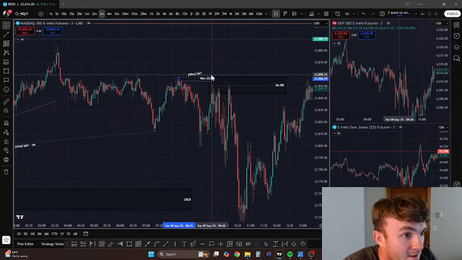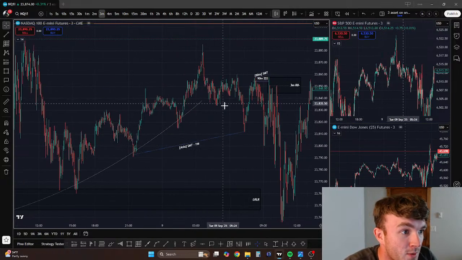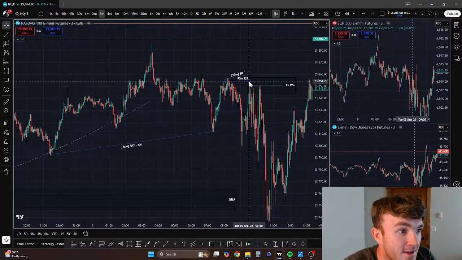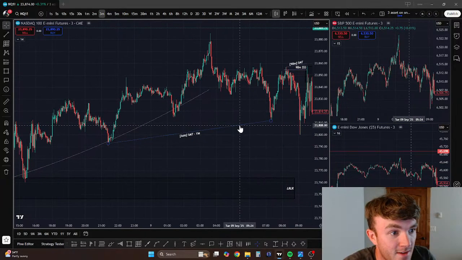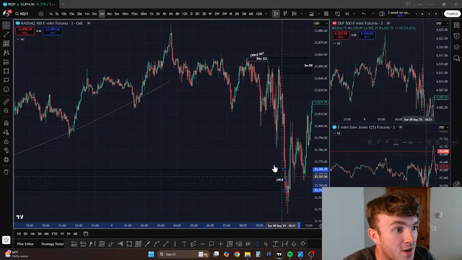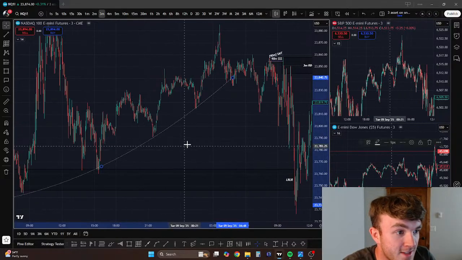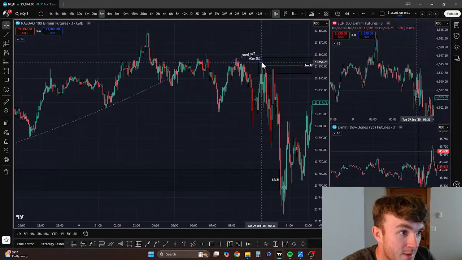We had just such an obvious buildup of liquidity. By the time we get here, it's like, okay, now it's just like there's too much longs built up, right? All this became low resistance, and then we ended up going lower.